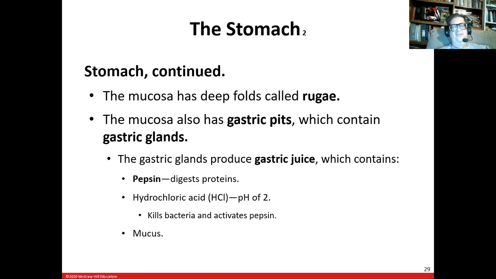Instead of being killed by the stomach acid, they can hang out there, burrow through the wall of the stomach, leaving areas where the acid can get in between the cells in the lining of the stomach into the mucosa and digest those cells. This is one of the main causes of ulcers.